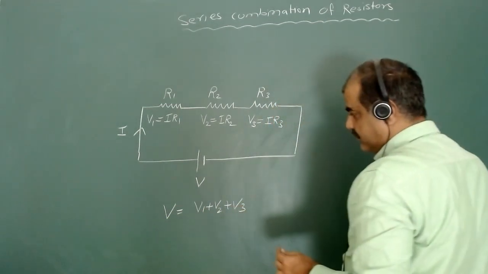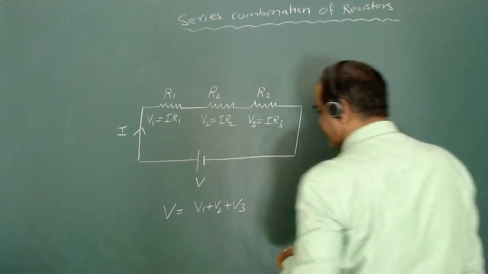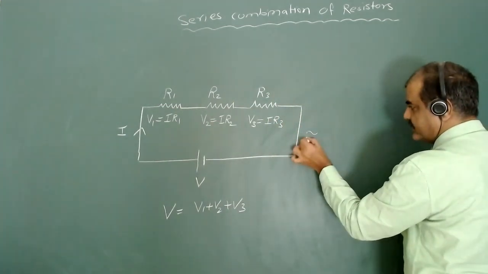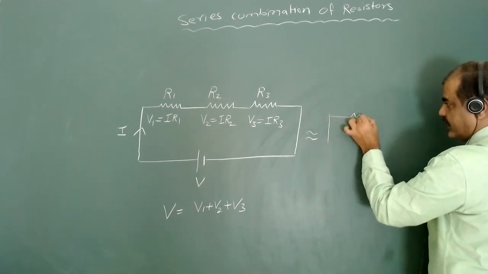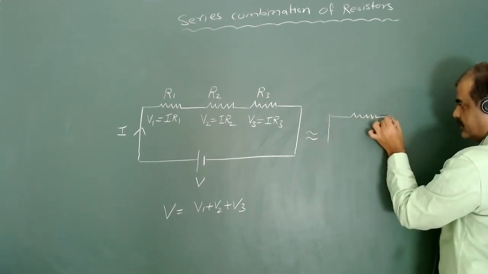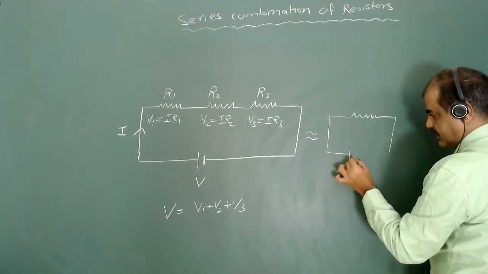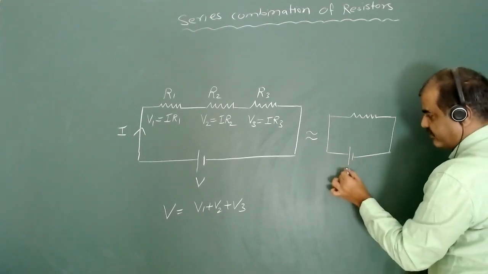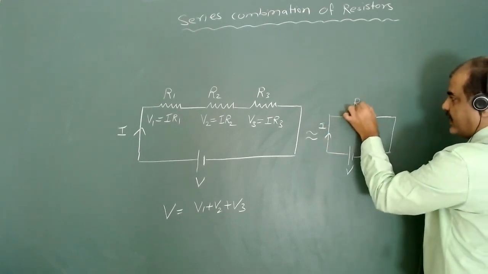Now if I assume the total resistance of the circuit is R equivalent, I'm redrawing this circuit again. This circuit is equivalent to this circuit, where we have V voltage, I current is flowing, and this is my R equivalent.